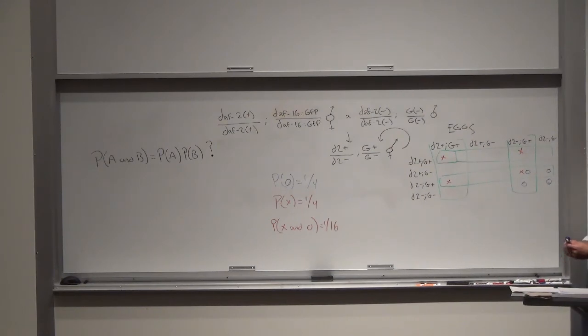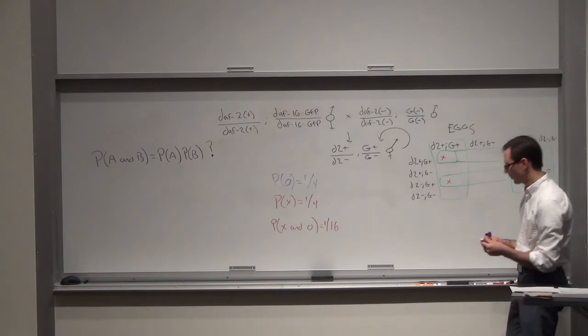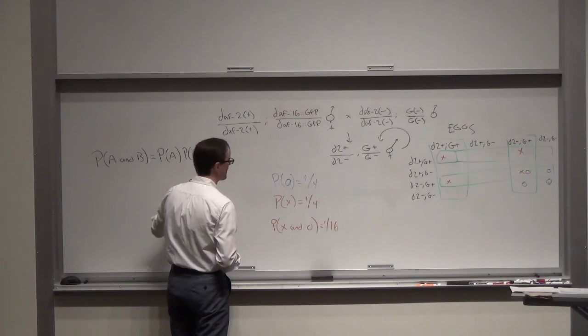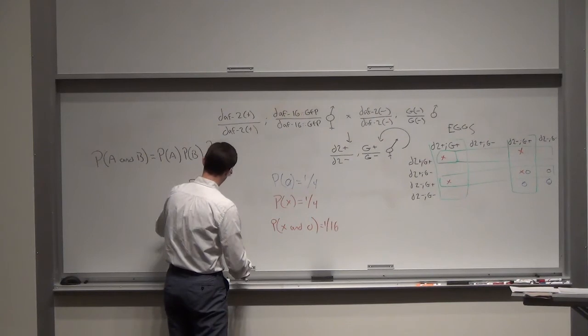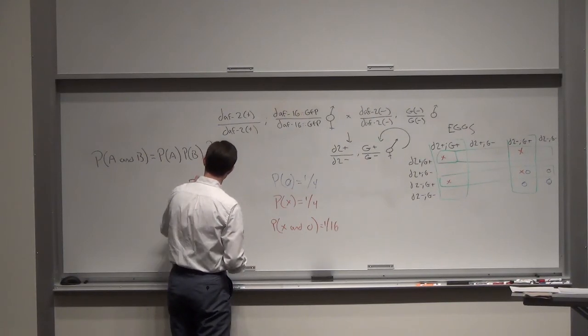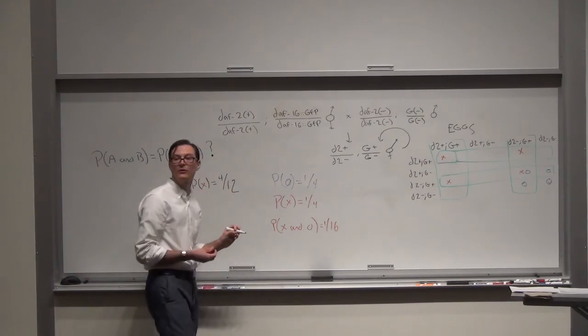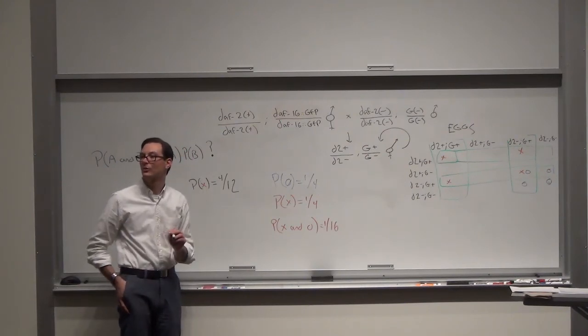So 12 worms are green. How many green worms are homozygous for green? 4. So 4 12ths. What is that? That's our X again. Four out of 12. Okay, what's our probability of O's now for just the green worms?